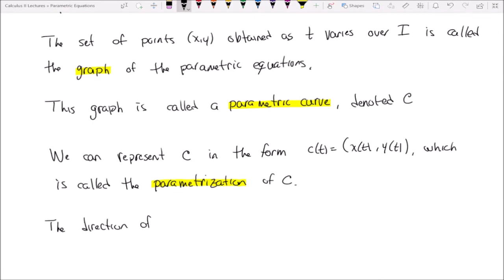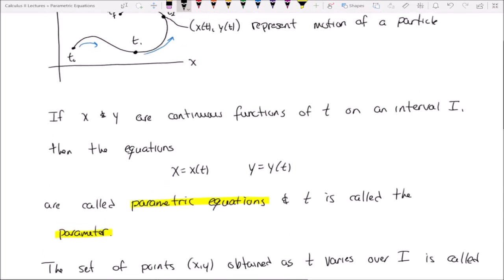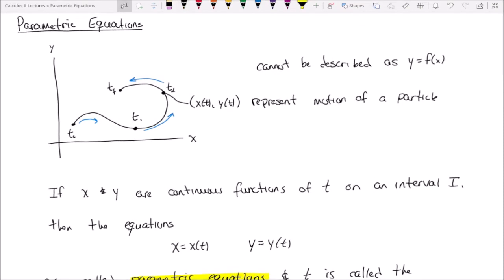The direction of increasing t is known as the orientation of the curve. So going back up to the graph considered earlier, those blue arrows represent this curve's orientation.